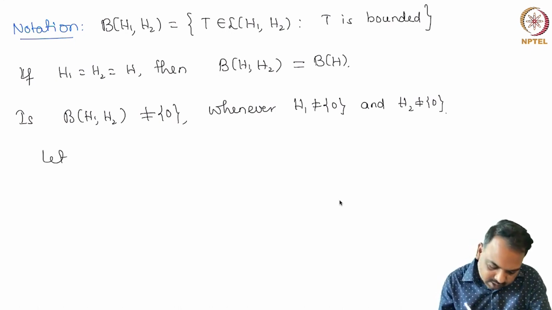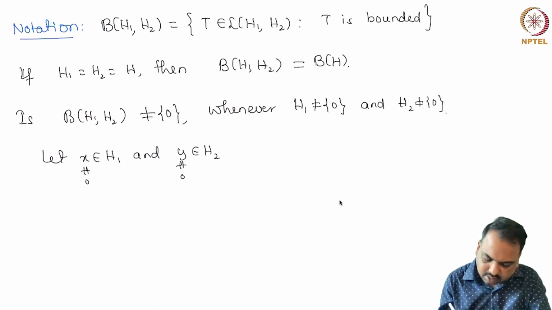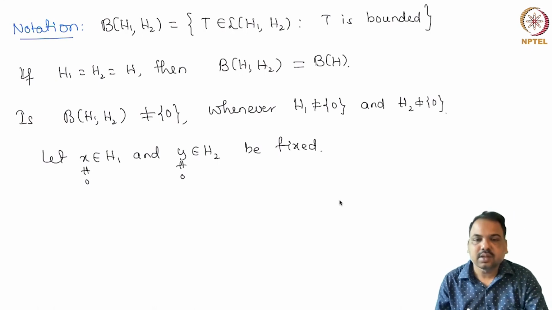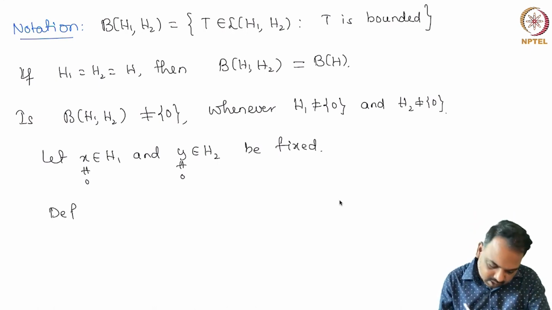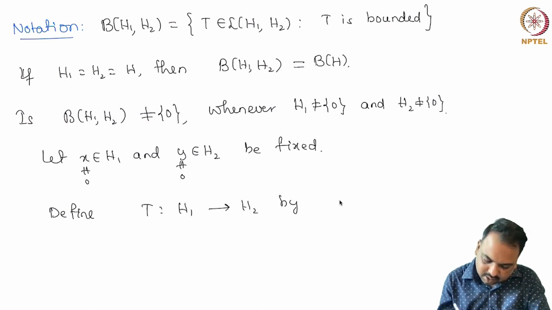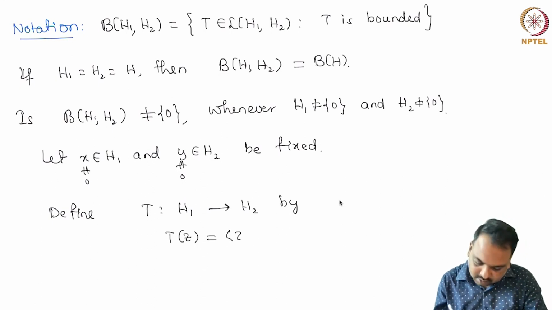So let us take x in H1 and y in H2, both non-zero. Let us take two fixed elements. So define T from H1 into H2 by T(z) equals inner product of z with x multiplied by y.